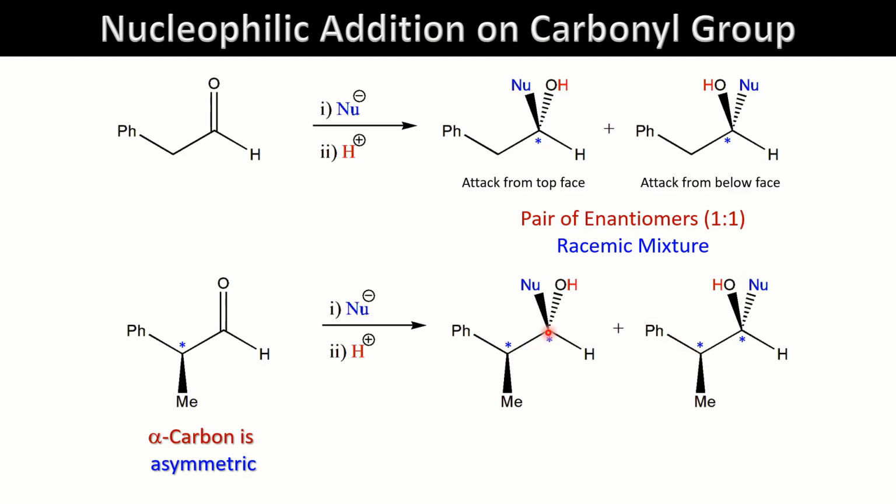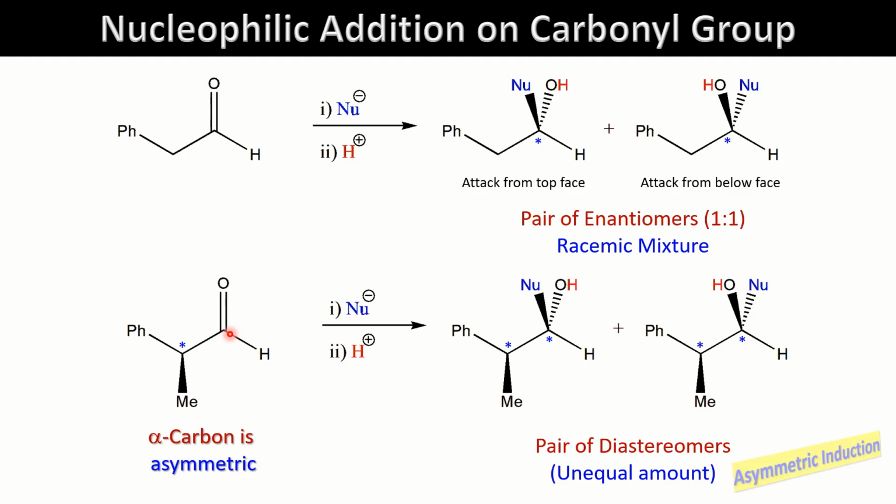Now, the stereochemistry of this newly generated carbon is changing, but the stereochemistry of the already existing asymmetric center is retained. That means these two molecules are diastereomers. And since the nucleophile, if it attacks from the top face or the bottom face, will face different kind of sterics, these two products will be formed in unequal amount.